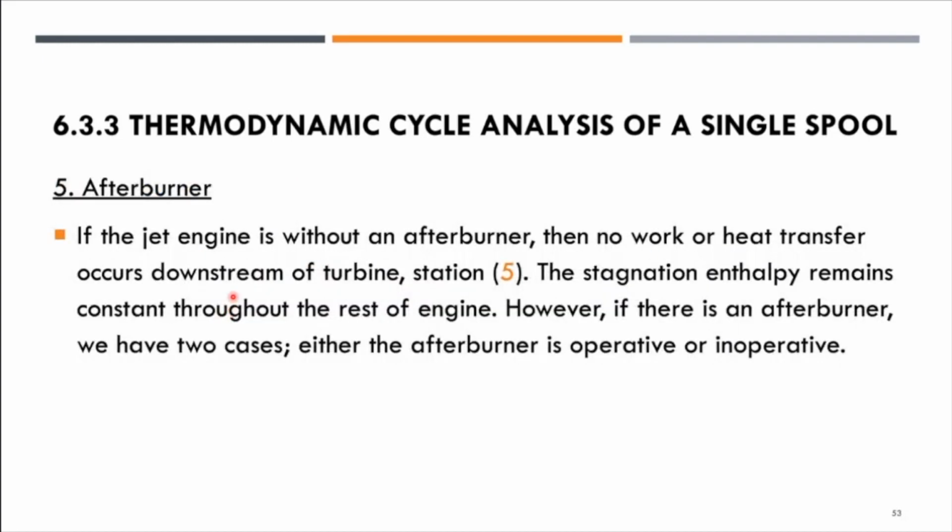And then when we look at the case of the engine without afterburner, no work or heat transfer occurs downstream of the turbine station, so the stagnation enthalpy remains constant throughout the rest of the engine. However, if there is an afterburner, we have two cases: either the afterburner is operative or the afterburner is inoperative.